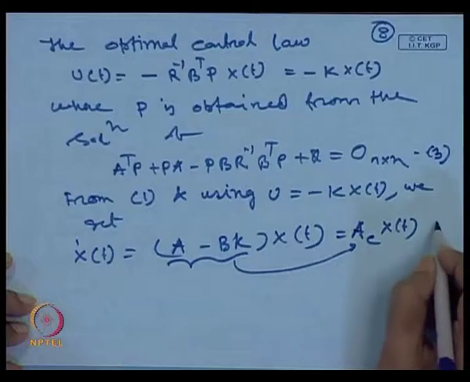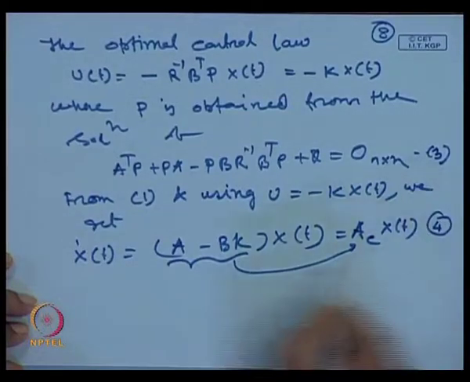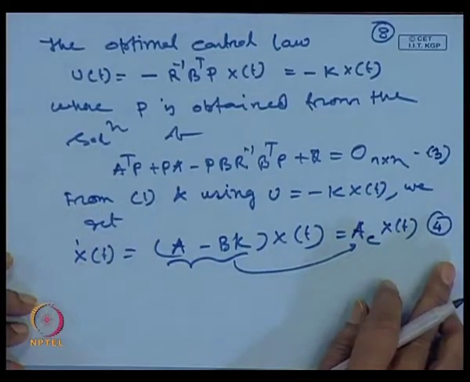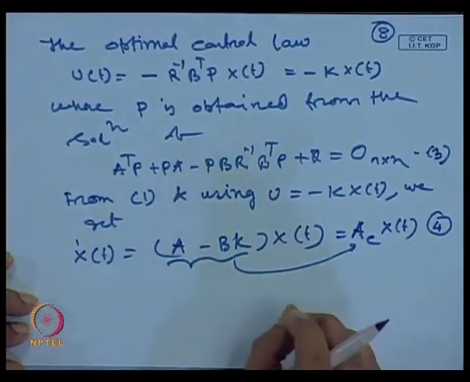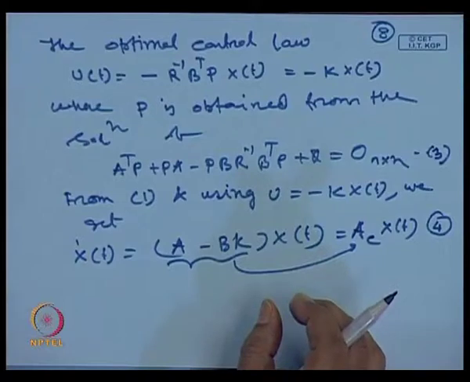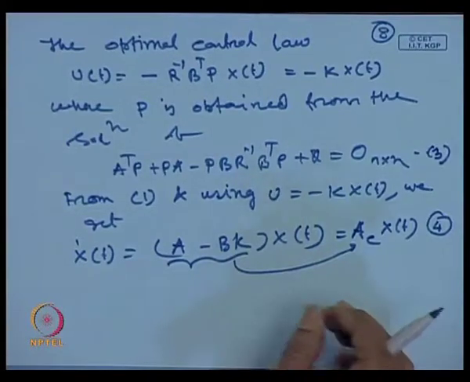Let us call this equation number 4, and this is asymptotically stable, that we have proved earlier. A minus B k is asymptotically stable.